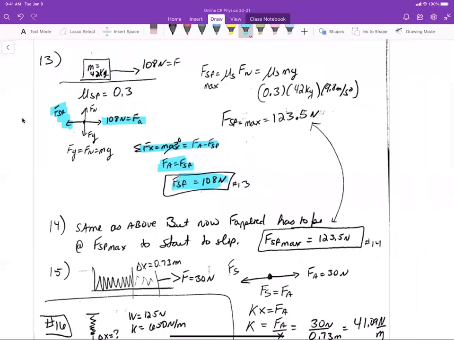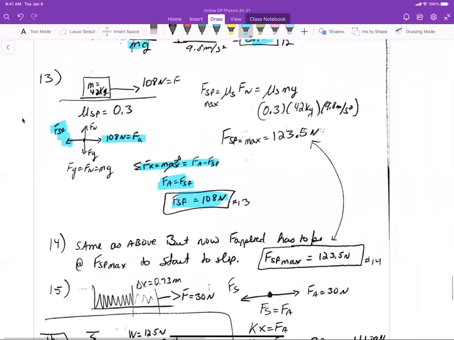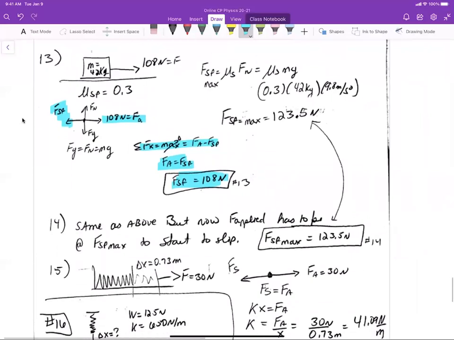Number 14 is the exact same problem, except I am going to increase how much I push until right as it starts to slip. And once that happens, we can draw a free body diagram on that. Same exact free body diagram.